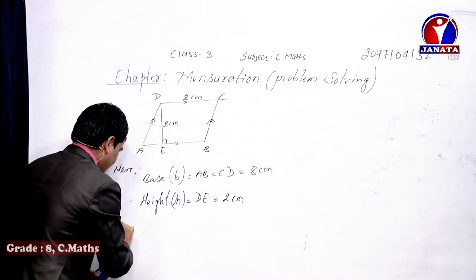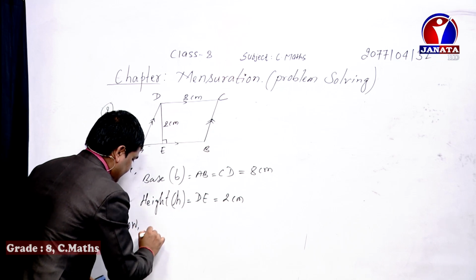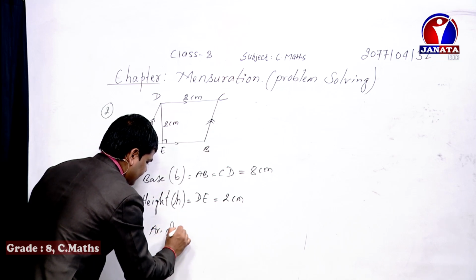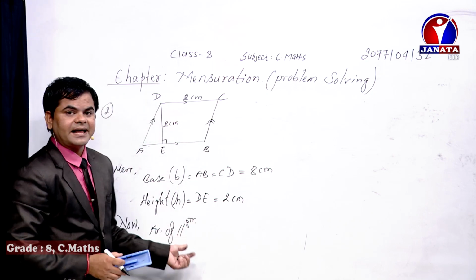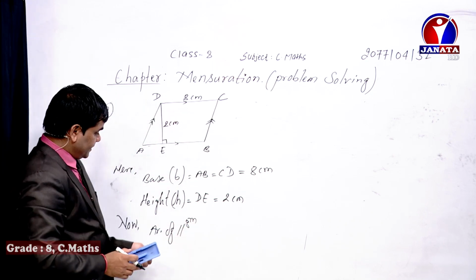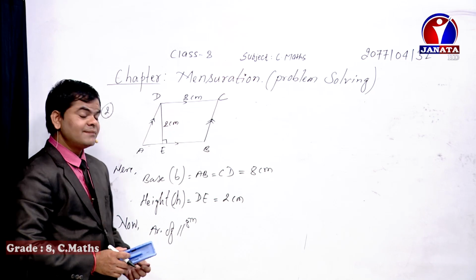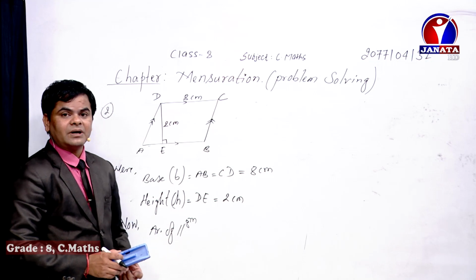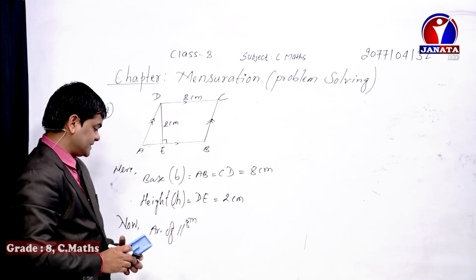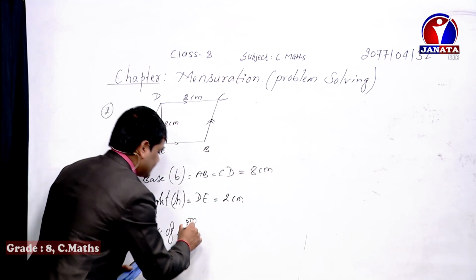So now, area of parallelogram, in short form you can write this. In mathematics, if you don't have time, you can generally write the short form of words as well as sentences. So area of parallelogram, what is the name of the parallelogram?